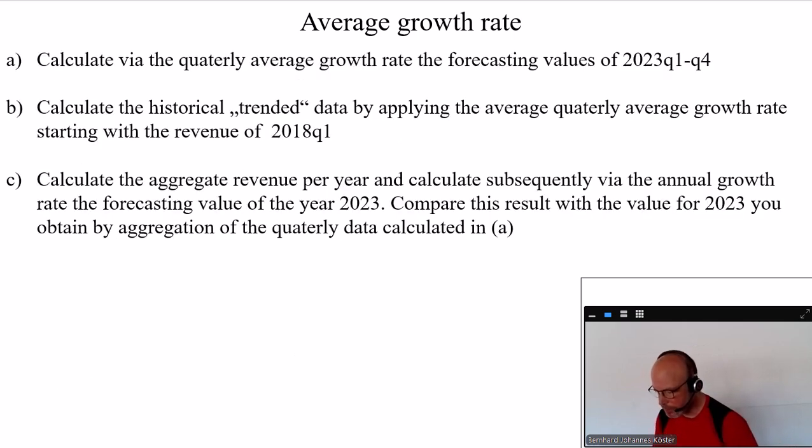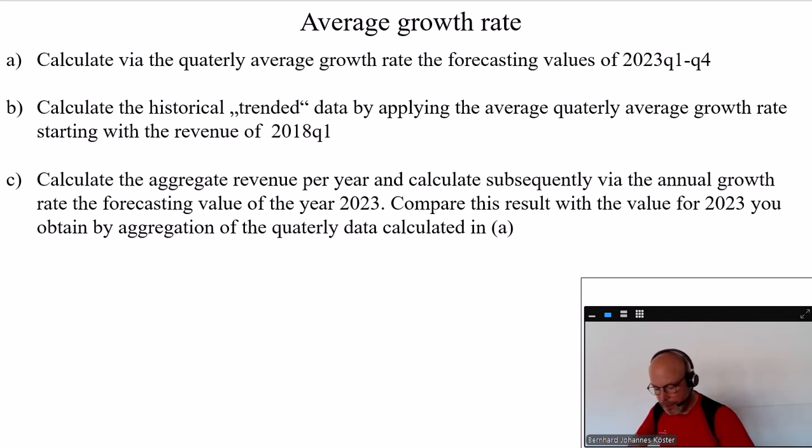Okay, again, what shall we do? The quarterly average growth rate, historical trended data, and then calculate the aggregate revenue per year. This we have also already done for the exponential smoothing.